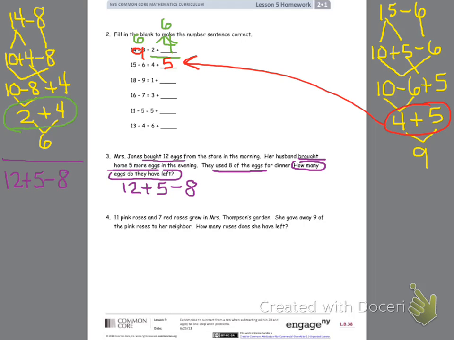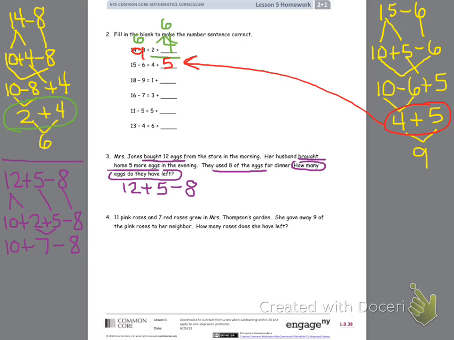12 can be decomposed to be 10 plus 2. We're going to bring down the 5 and bring down the 8. Then we'll have 10 plus 7, because 2 plus 5 is 7, minus 8.